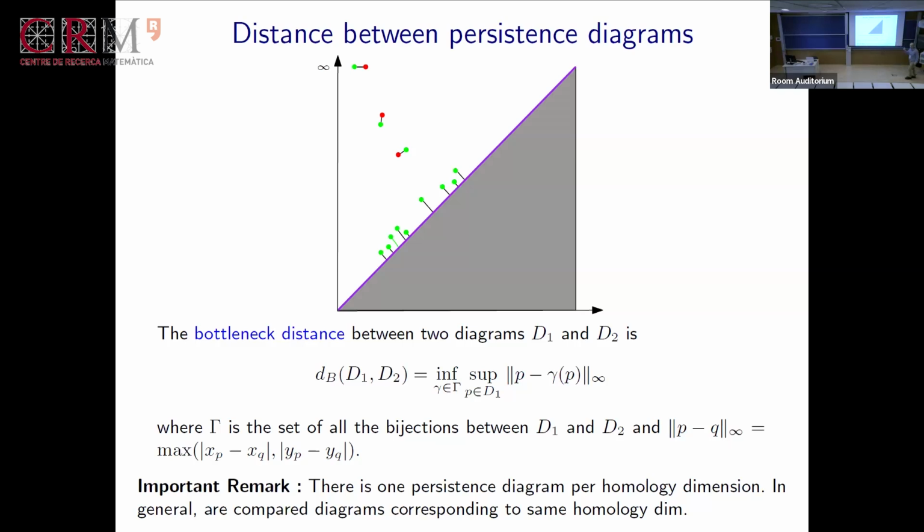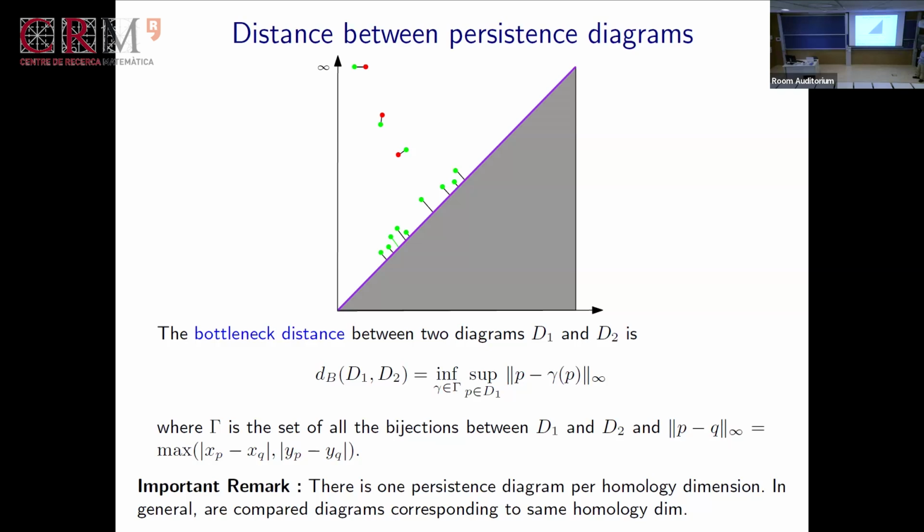If you look at the literature, this is usually defined as the Wasserstein distance between the diagrams. It is not very well suited to establish theoretical results, but it is very well suited in practice because it is less sensitive to noise. We will discuss this later. Okay, is that clear, the notion of distance between persistence diagrams?